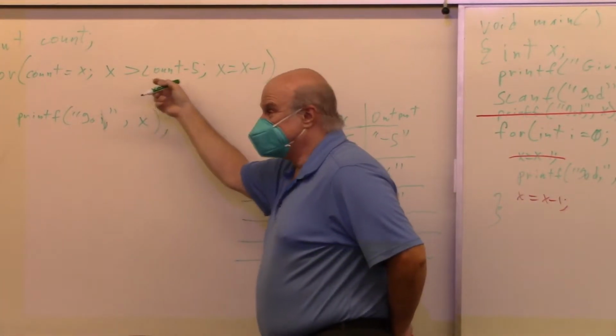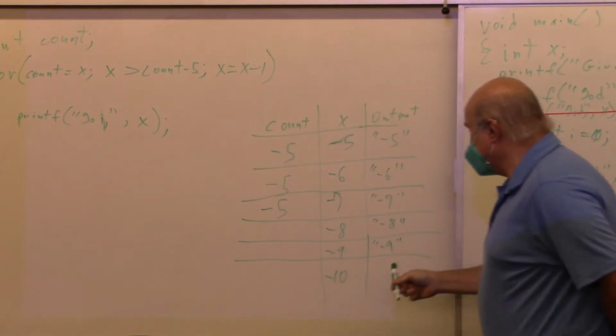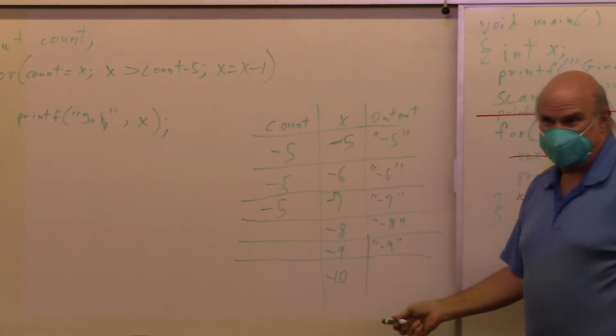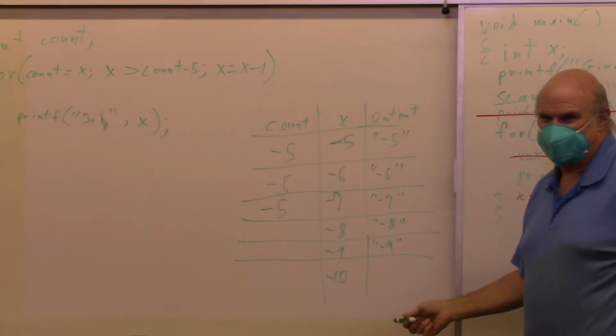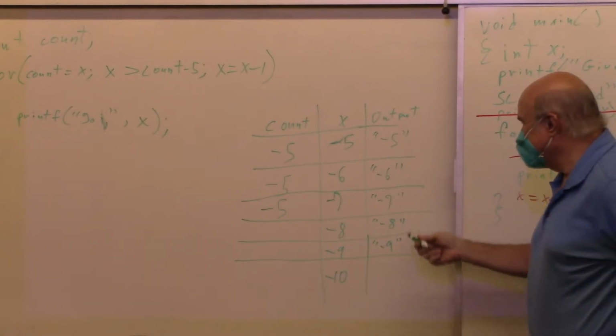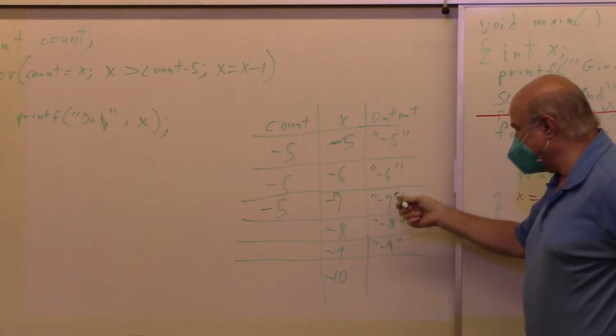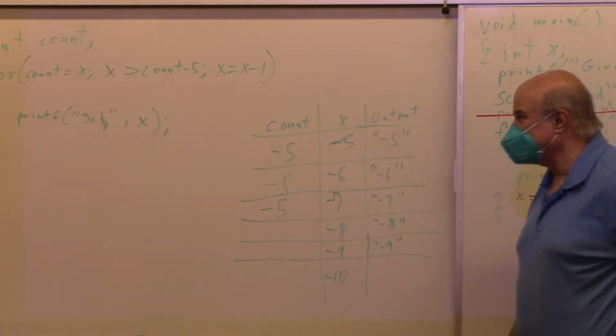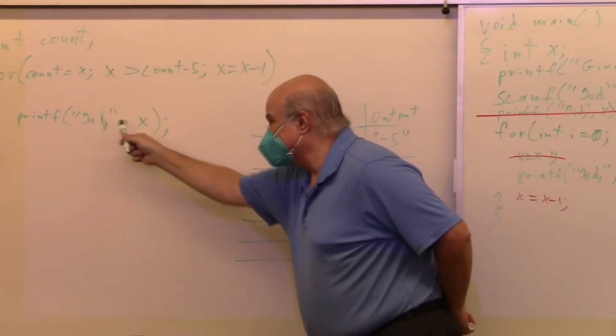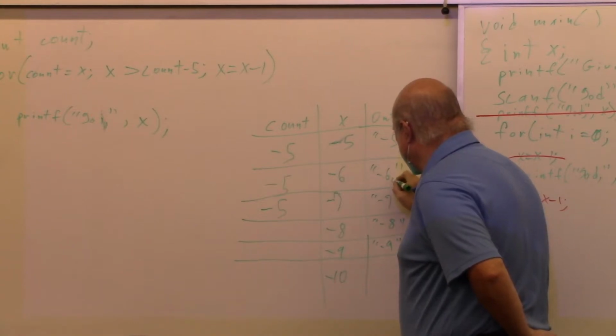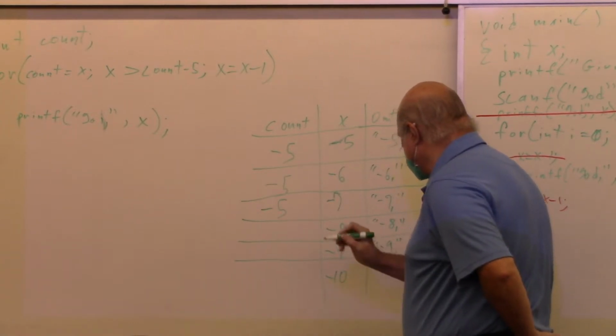No, so the loop stops. So if we achieved in writing out what we were supposed to, which I showed you on an example output, we've written out -5, -6, -7, -8, -9. And because I put a comma right there, we'll also have a comma behind each of those. Okay?